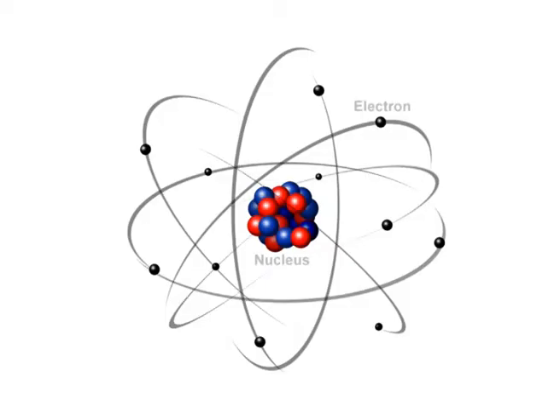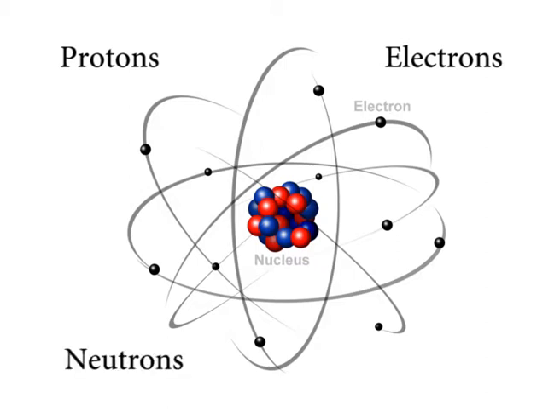Charged particles. The properties of conductors and insulators are due to the structure and electrical nature of atoms. Atoms consist of positively charged protons, negatively charged electrons, and electrically neutral neutrons.